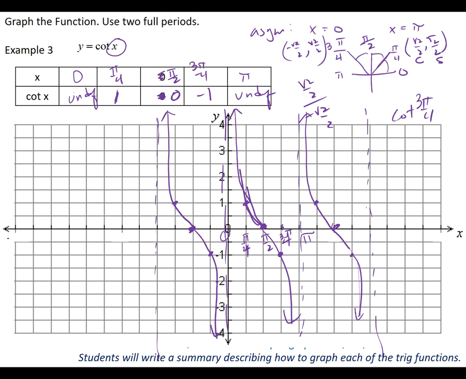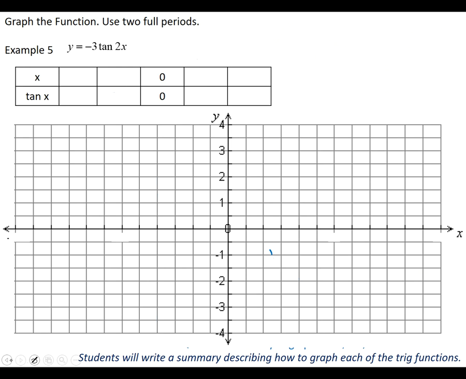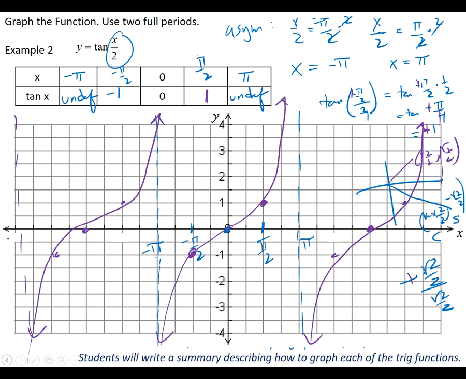So if you take a look at where tangent was and cotangent was, tangent was nicely on the origin there, and cotangent shifted a little bit off the origin. You can't depend on the increasing, decreasing. If I went back here to this one, what do you think would happen if I put a negative in front of this thing?